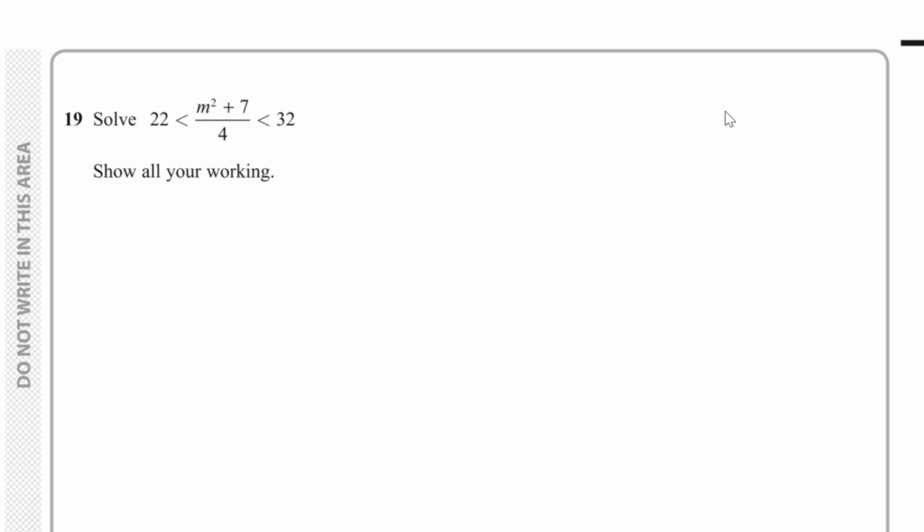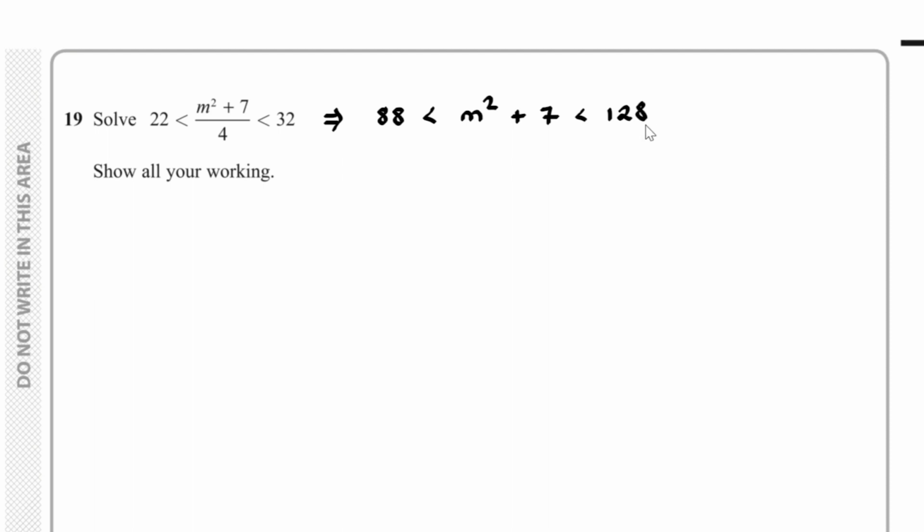Question number 19, we have to solve 22 is less than m squared plus 7 over 4, which is less than 32. We have to show all our working. Well, if I multiply through by 4, that means I have 88, which is less than m squared plus 7, which is less than 32 times 4, which is 128.